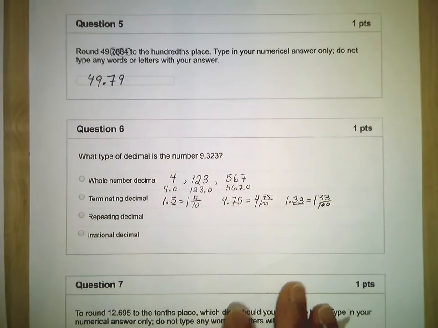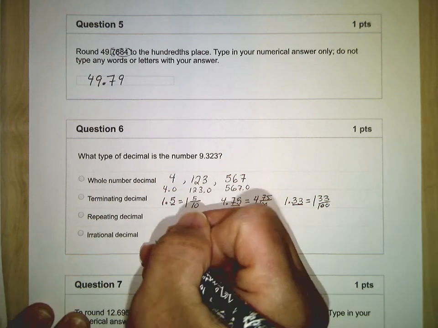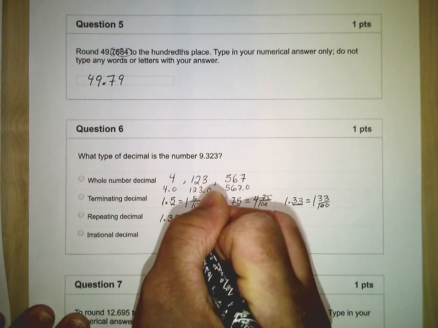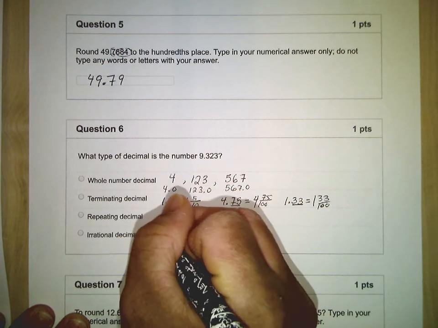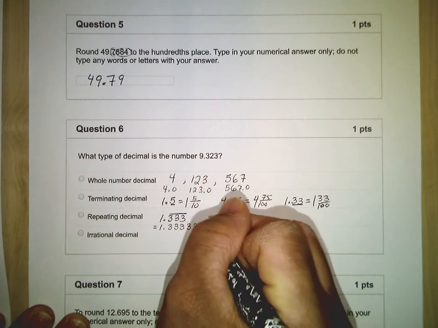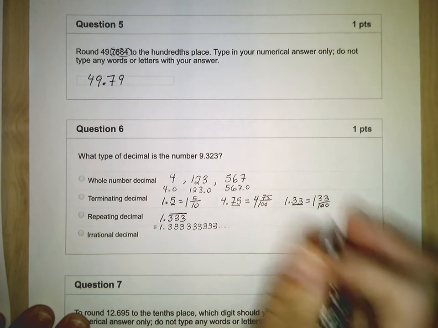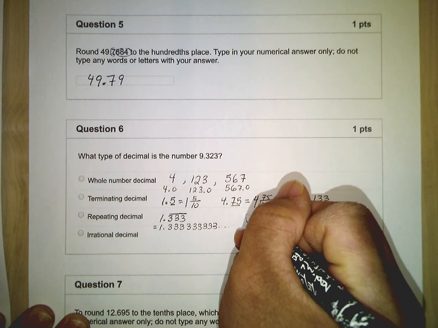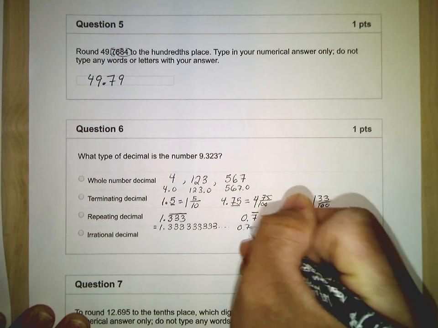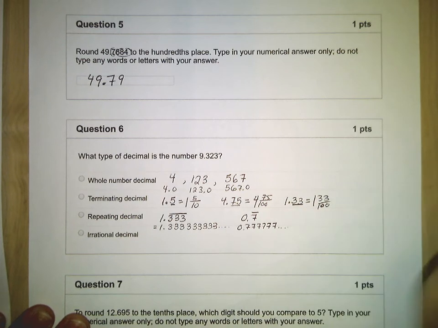Okay, so now, what is a repeating decimal? Well, you saw one of those before, 1.333 with a bar over it, because it means that it's 1.333333333, and the 333 pattern repeats forever. Or you could have 0.7 with a bar, 0.7777777 repeating forever.